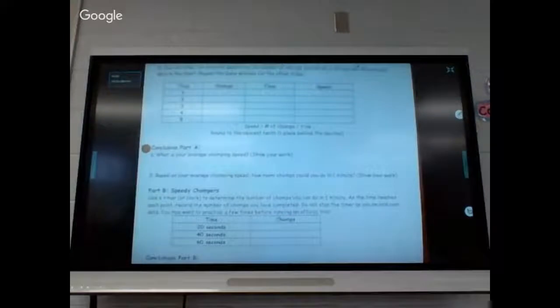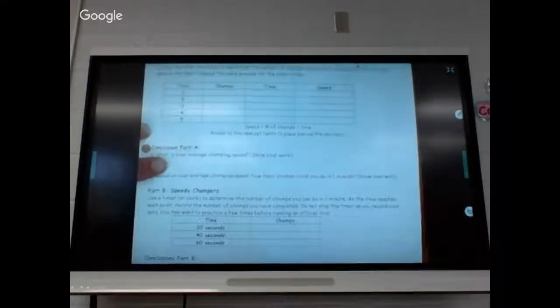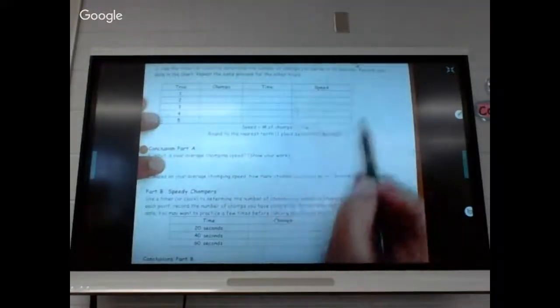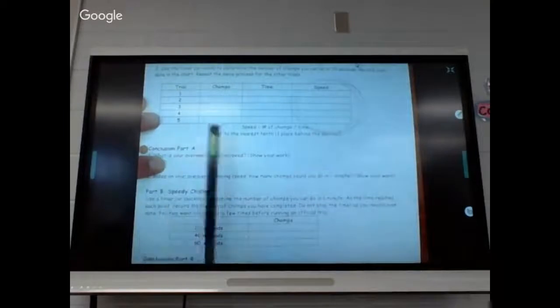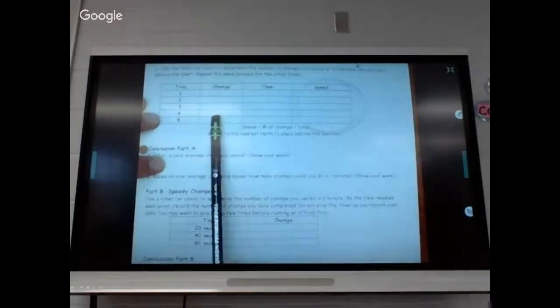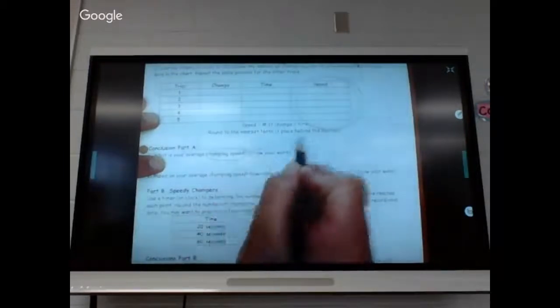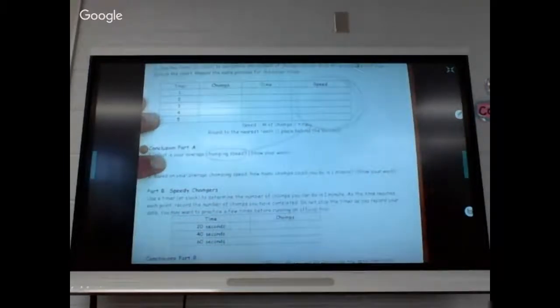Now, the couple of things I want to point out. In question 1, several people keep asking me about this one. You're averaging this column right here. Several people keep trying to average chomps. It's asking you for chomping speed, so you're averaging there. You're not averaging the chomps.